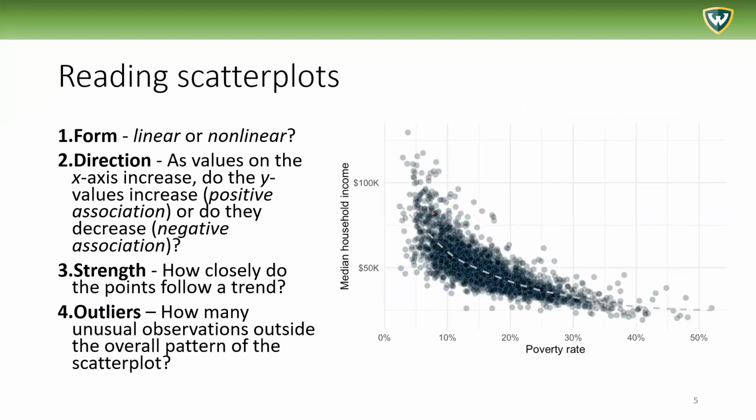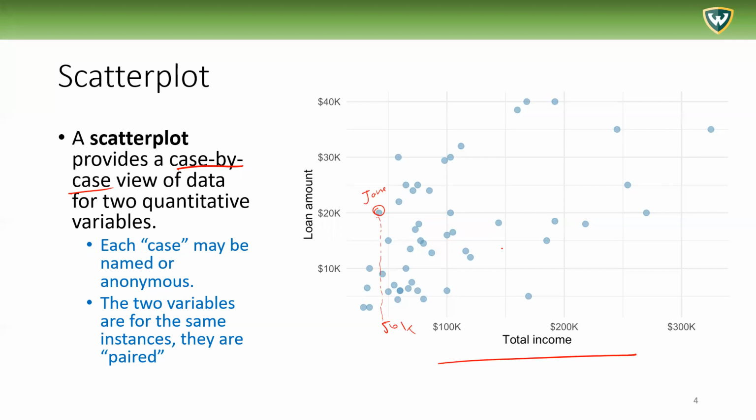When we are reading scatter plots, there are four considerations, four attributes that we want to pay attention to. So first is form, and essentially we want to see if it's linear or non-linear, the general aggregate pattern. Now, sometimes it might be difficult to see if it's linear or non-linear. So for example, in this previous example here, we see some correlation and some direction of the data.